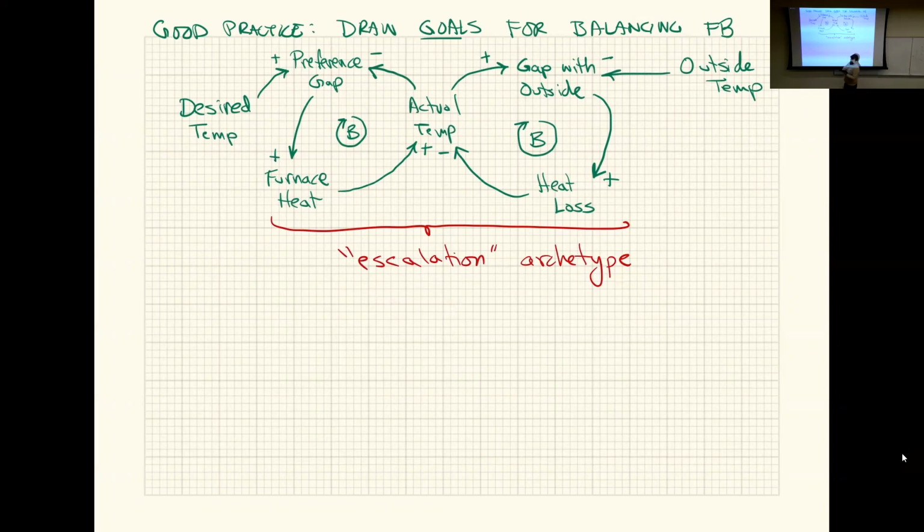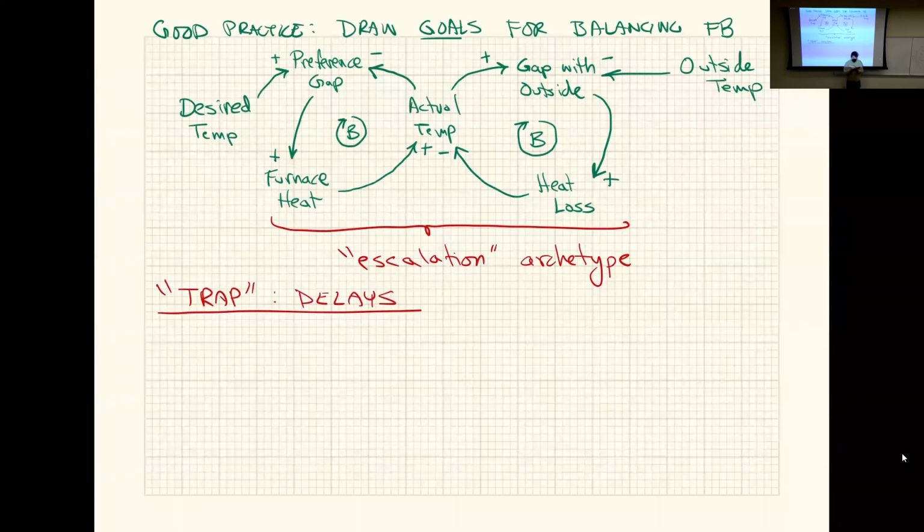Okay, the only other trap that I want to discuss with balancing feedback loops involves delay. And so a simple balancing feedback loop will look like something that has a goal, a gap, a variable you're trying to regulate.